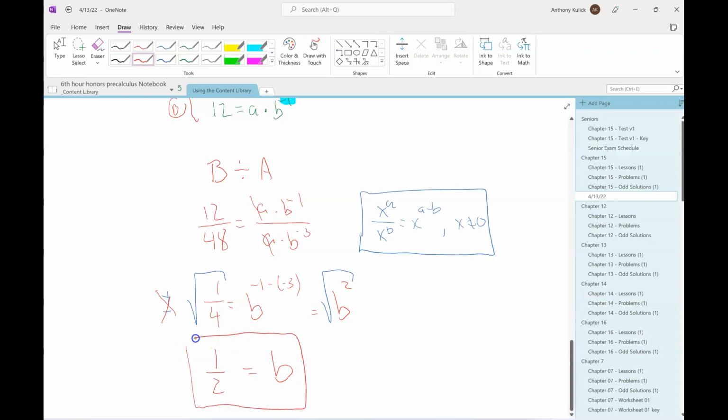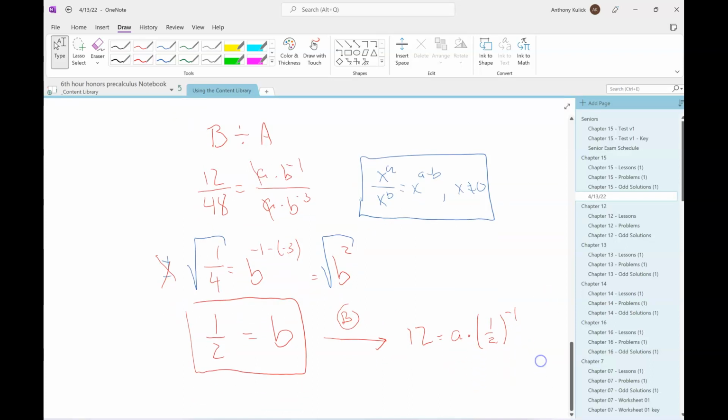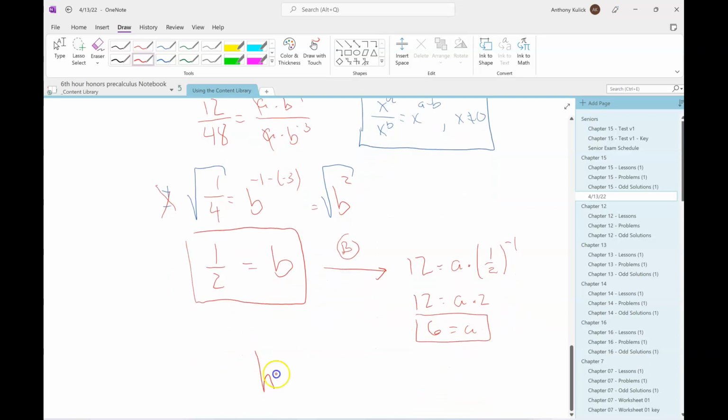Now that I have this, I can plug this back into one of my two equations. I'm going to plug it into equation B. So I get a equals 6.